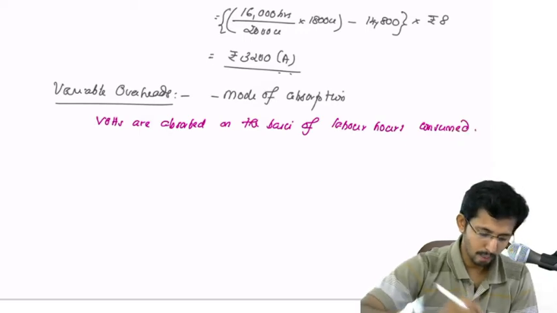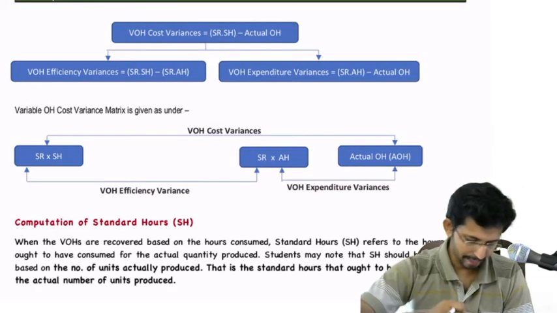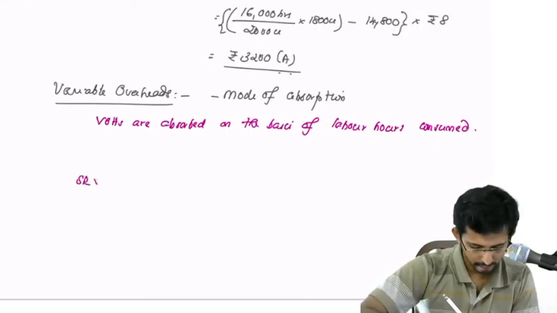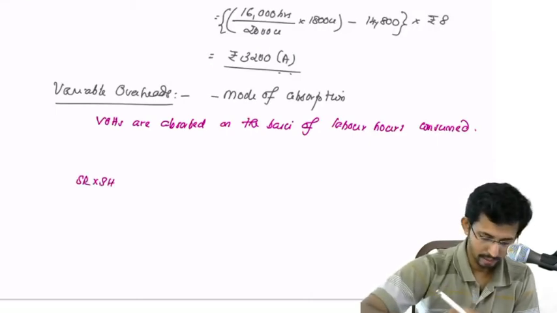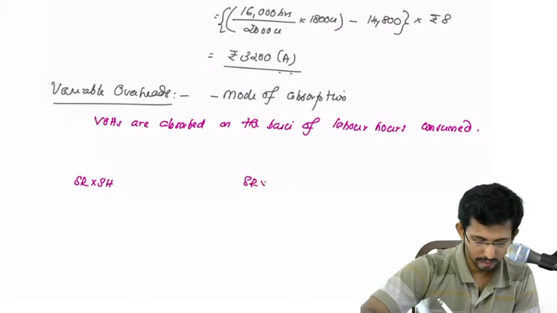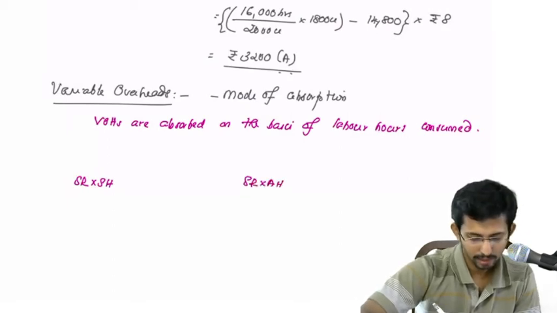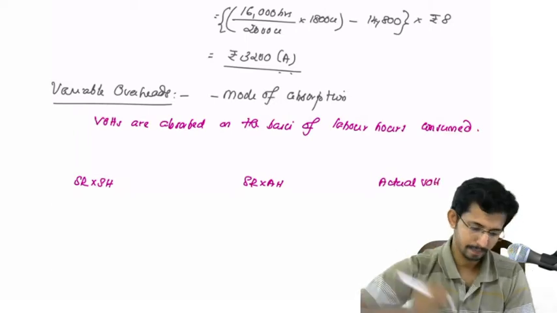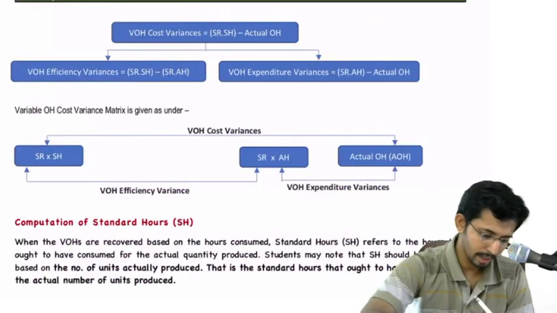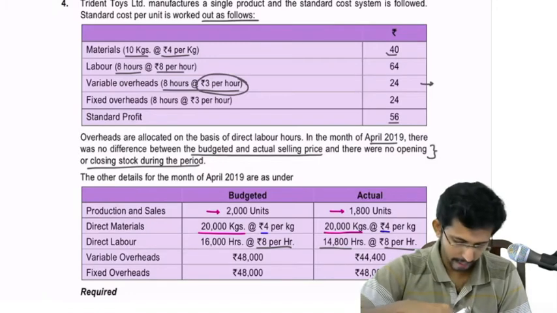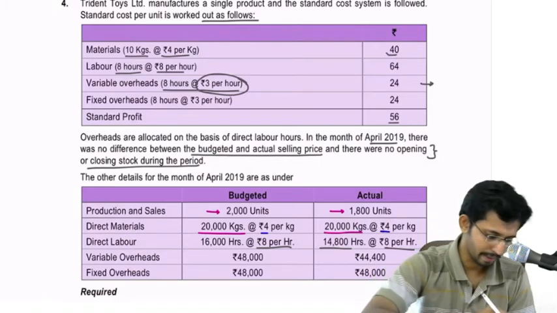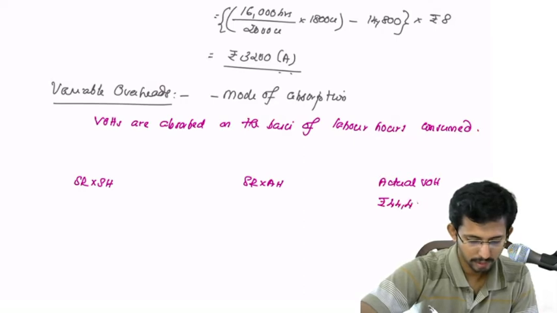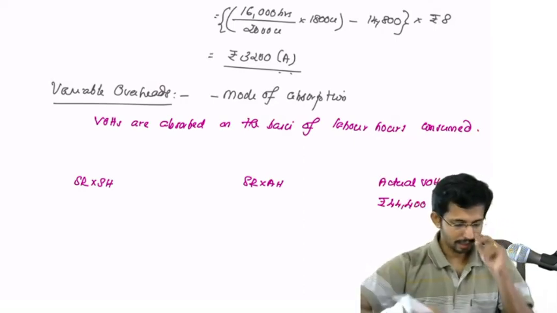Okay, what is the formula? We have already written the formula: SR into SH, then SR into AH, then actual variable overhead. What is actual variable overhead? Actual variable overhead incurred is rupees 44,400. Now what is standard rate?